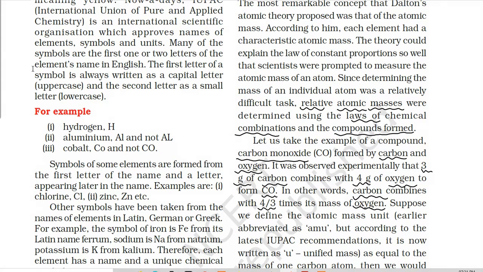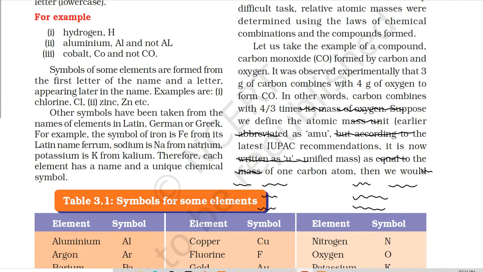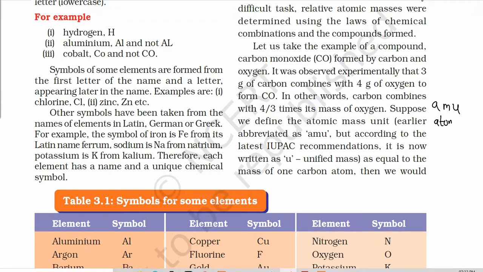Suppose we want to define the atomic mass unit, earlier abbreviated as AMU. In previous times it was used as atomic mass unit, or AMU, but according to IUPAC it is now called the unified mass.